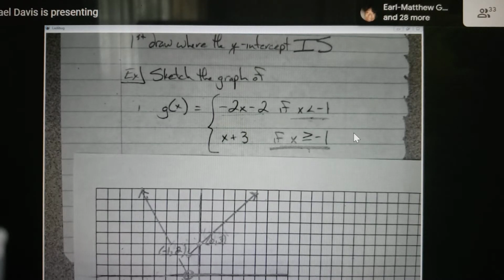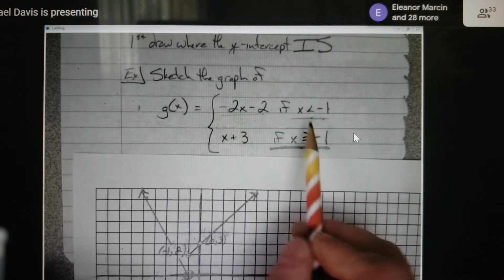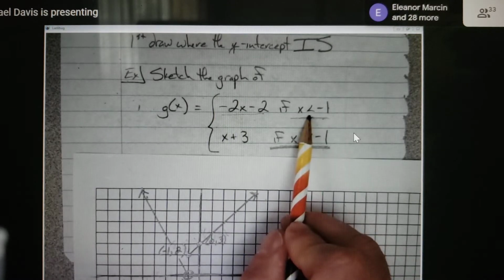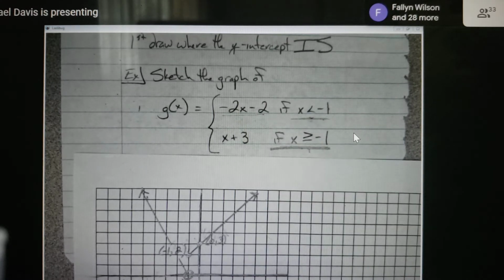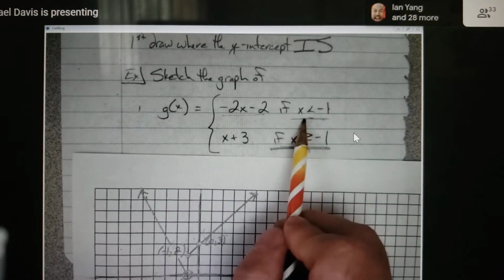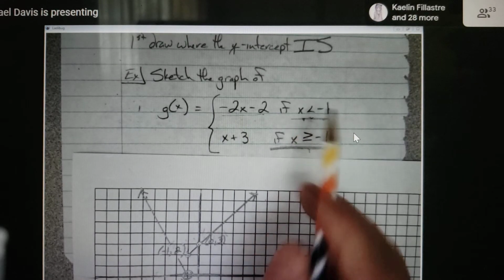Because an x-coordinate of -1 is not less than -1. -1 is not less than itself. When we had 0, -2, the x-coordinate of 0 is not less than -1. So it doesn't meet this restriction, so it would be an open circle.